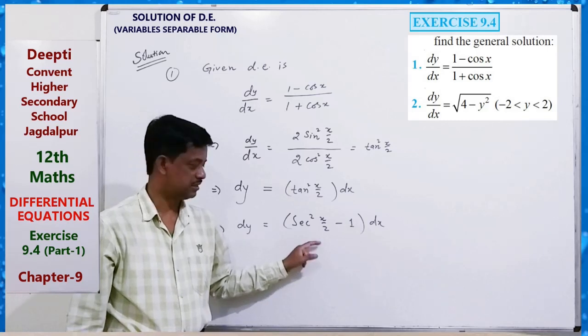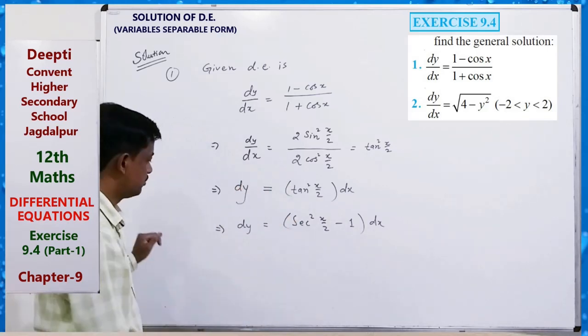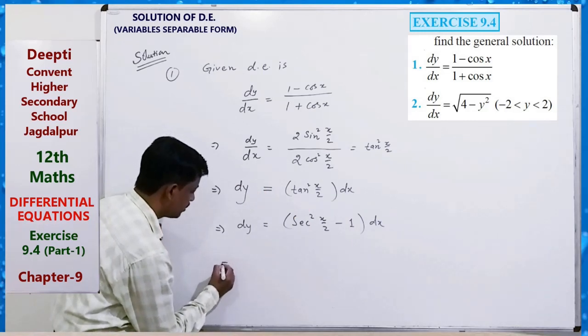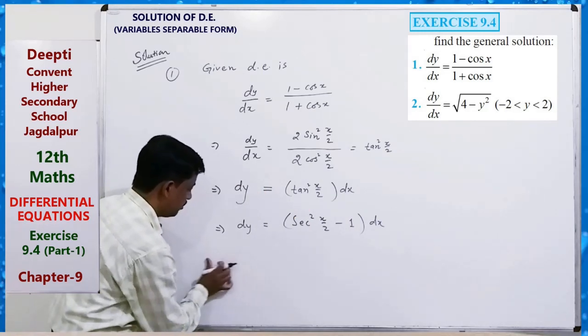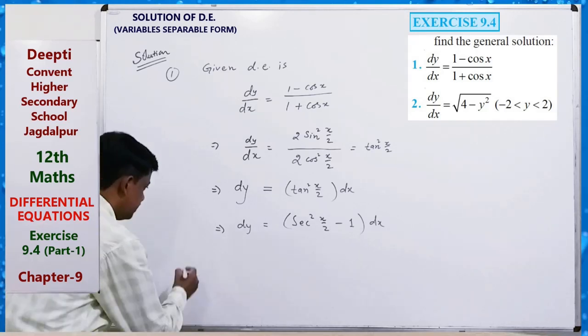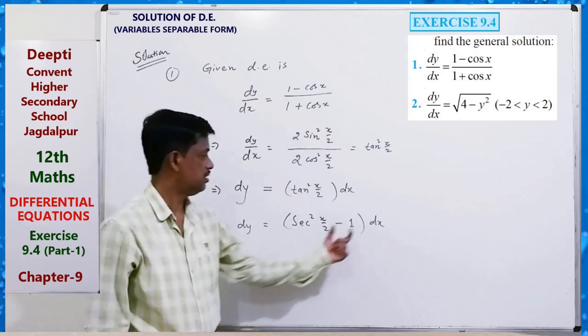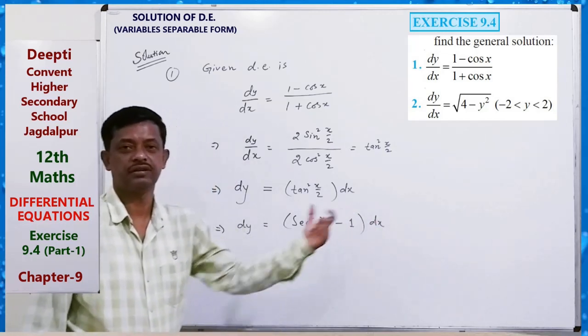Here we get sec square, because the derivative of tan x equals sec square x. So now integrate both sides. This is separable form, dy and dx with a function of x.